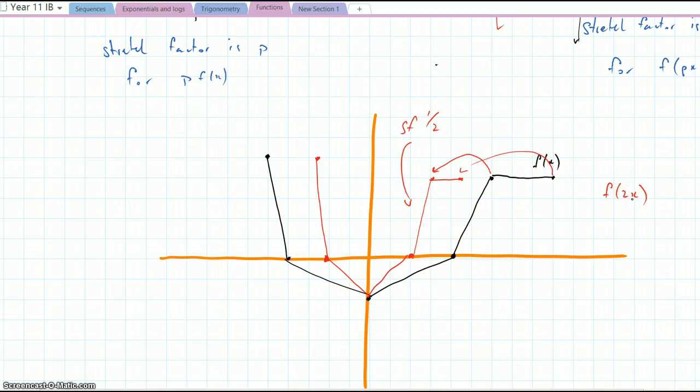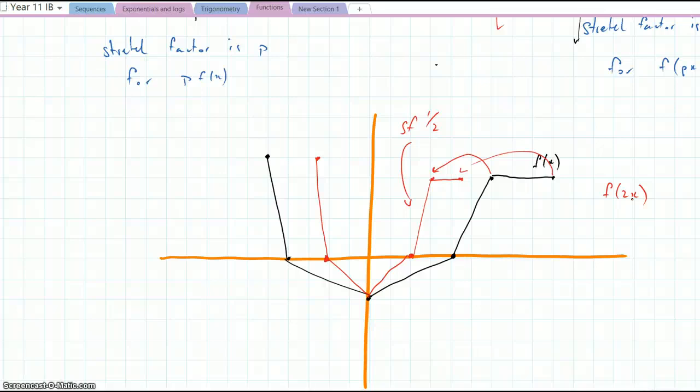Okay, so in summary, an adjustment at the output level, so plus on the end, times on the end, results in vertical movement, a translation if it's plus, and a stretch if it's times. X coordinates stay the same on the stretch, the Y coordinates change.